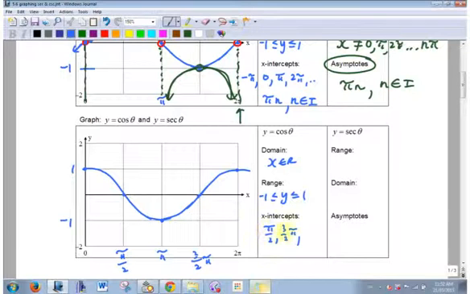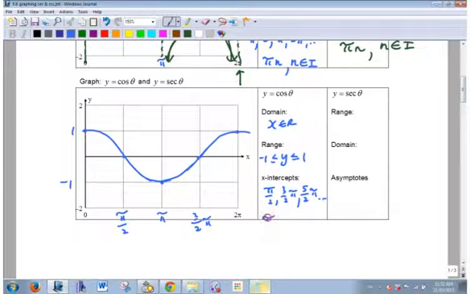Yeah, 1 and 3. See a pattern here? Add 2 over 2 pi, that's 5 over 2 pi. So on and so on. How can I write a little formula for that? Pi over 2 plus n pi.